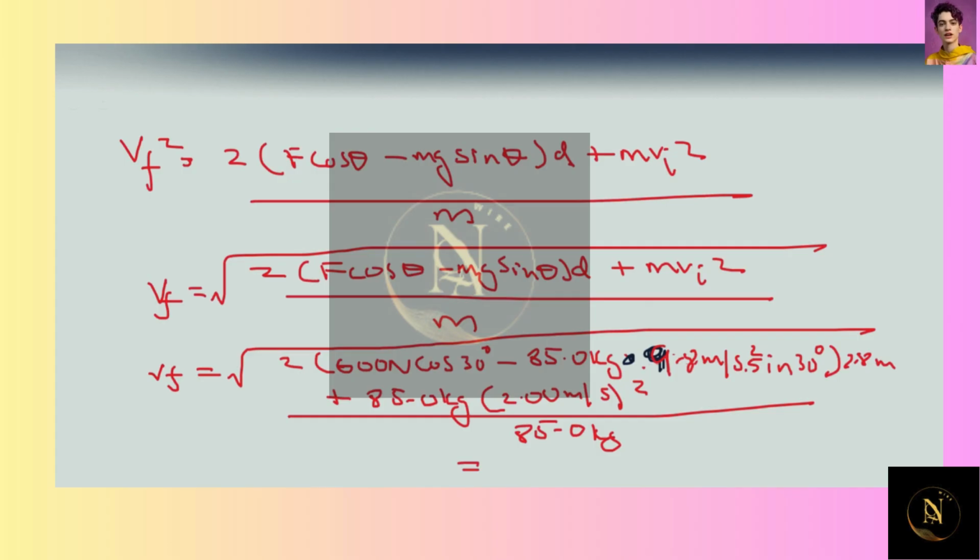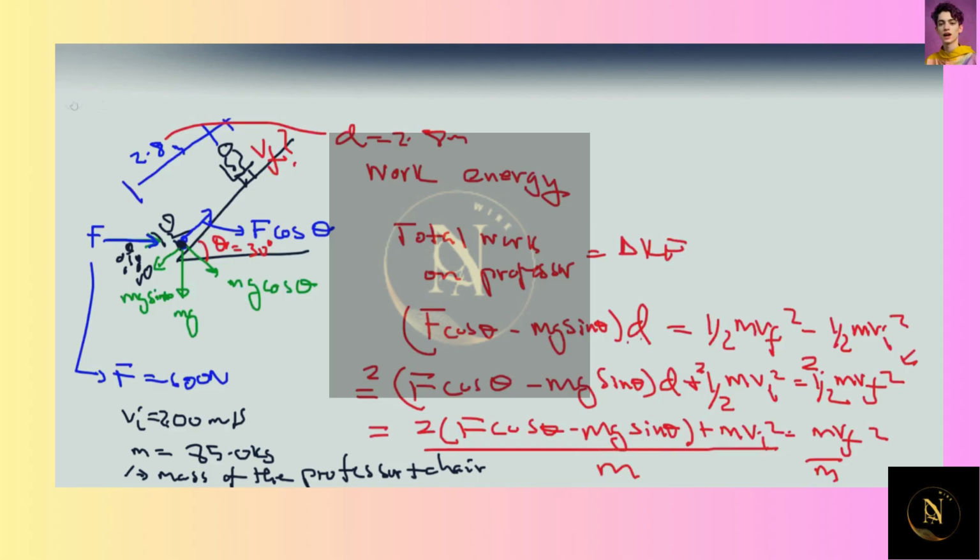That's the v final. If you punch in the numbers, you see we have 600 there minus 85 times 9.8 times sine of 30, and then times, we have to get the displacement. The displacement happens to be, it's actually, she's pushed 2.5 meters.